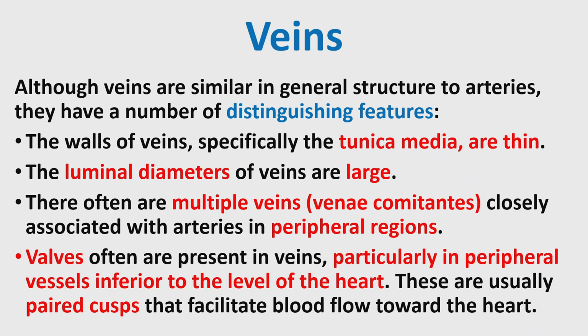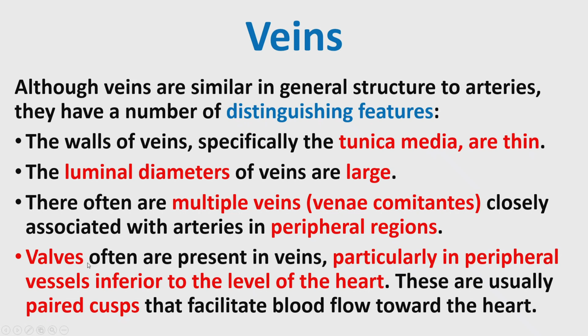Another characteristic of the veins, especially in the peripheral region, is that the veins in the deeper layer accompany the arteries. They are called vena comitans, and usually there is more than one parallel with the artery they are passing.